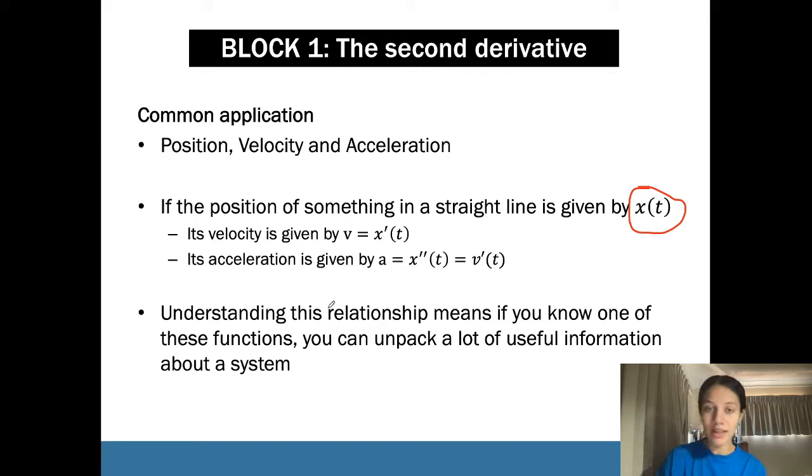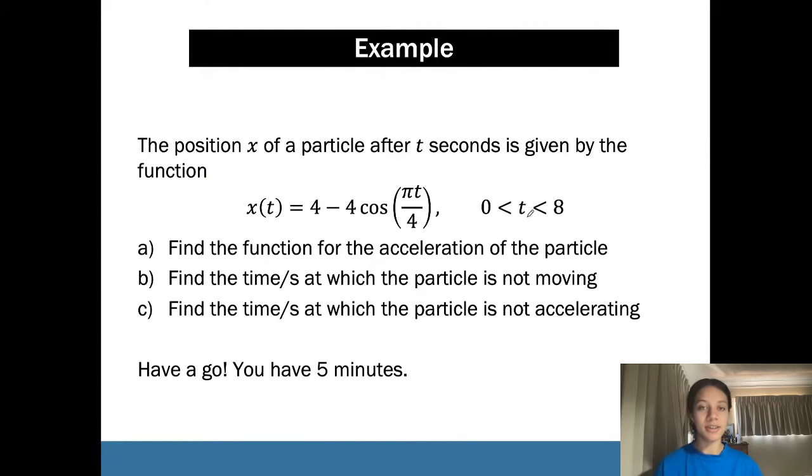And then the acceleration is the derivative of velocity, so that's going to be the second derivative of your position function or the first derivative of your velocity function. So acceleration is the rate of change of velocity and velocity is the rate of change of position. Understanding this relationship means if you know one of these functions, you can unpack the rest of them and apply it to a question. This is a really important relationship to understand, the link between position, velocity, and acceleration.